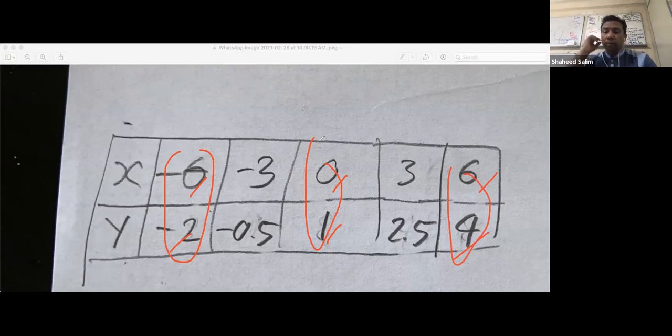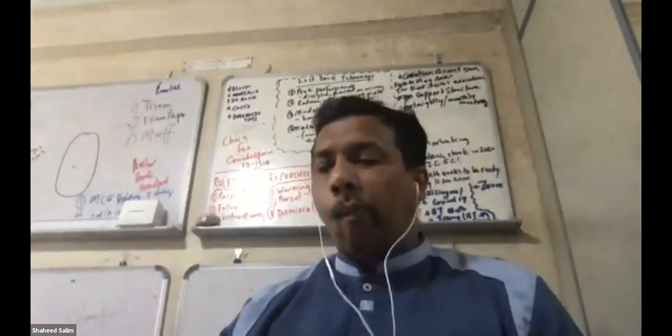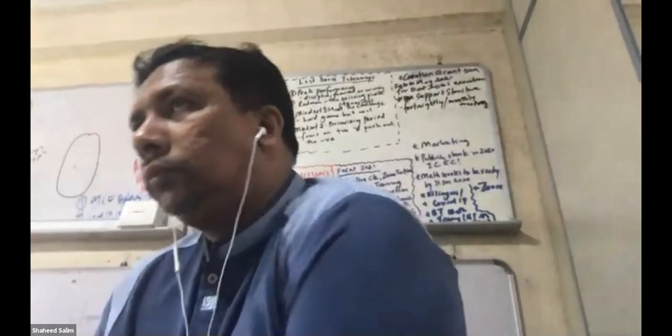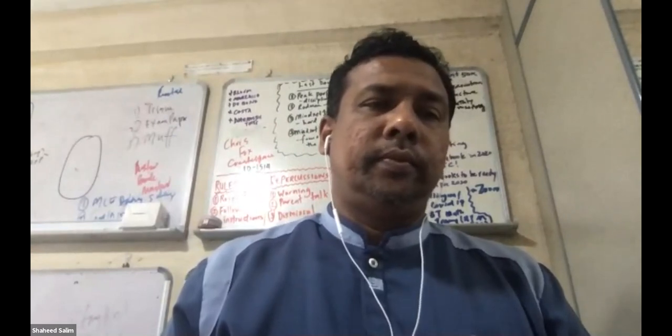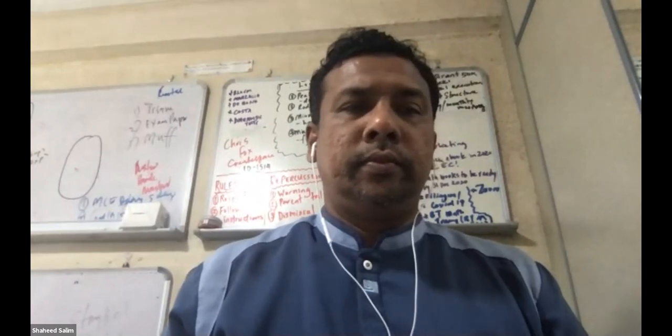So, that's 3 of 2. It should be correct, but when I draw the line, it's not straight.